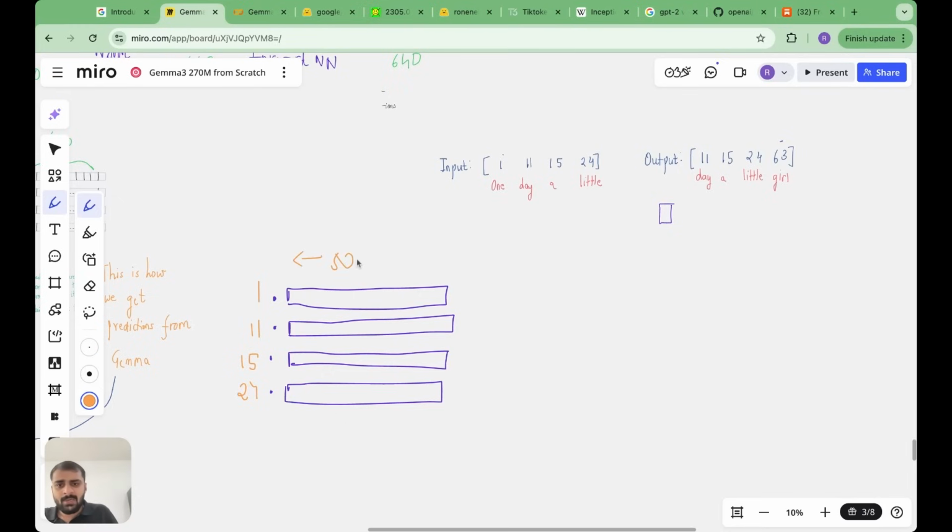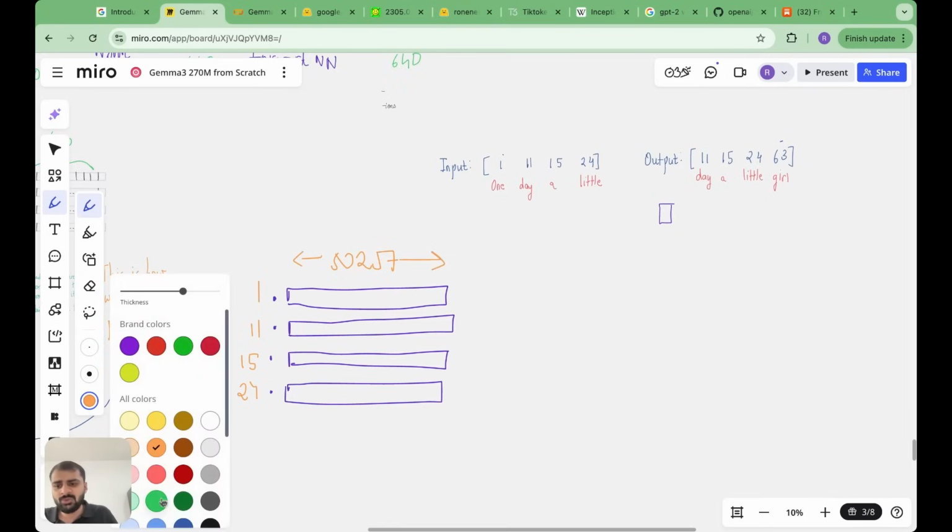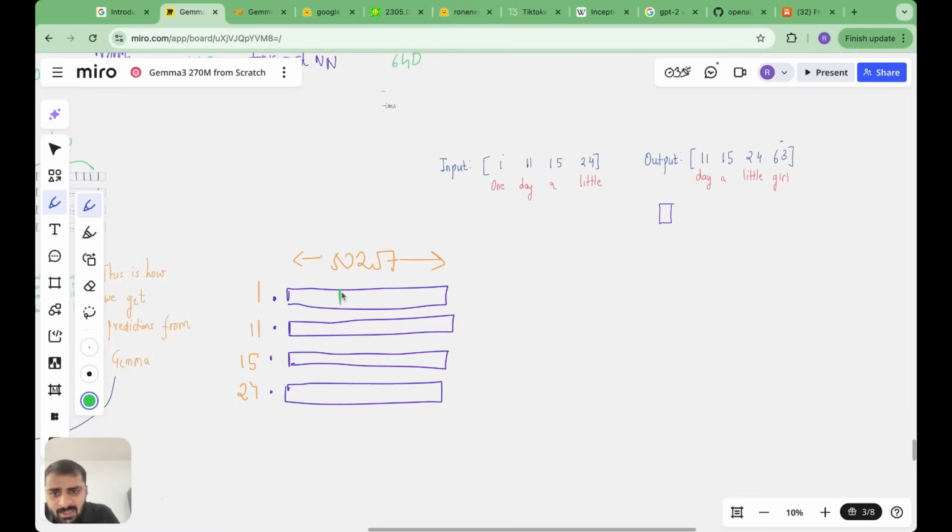The way predictions are made from our model is as follows. In every row we are going to see which index has the maximum value. Let's say that's index number 55 here. Then we go back to our vocabulary and look at the token corresponding to that index. So my prediction is, let's say, token ID number 55.